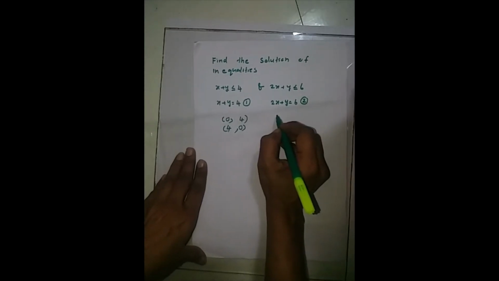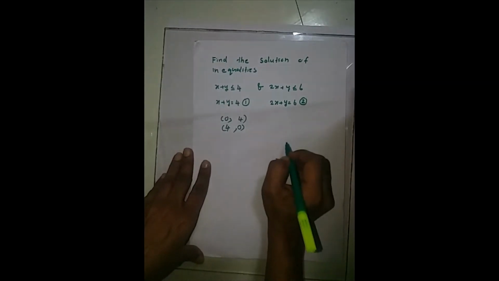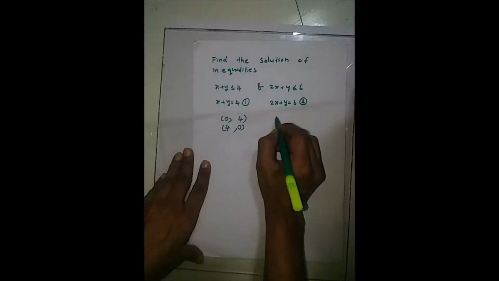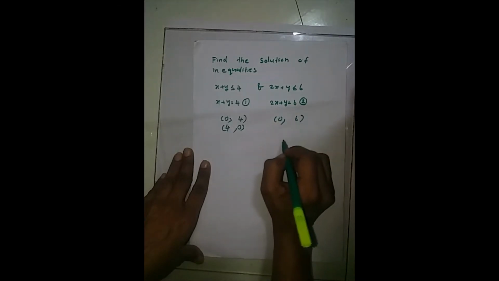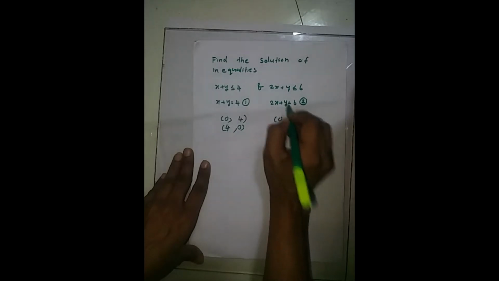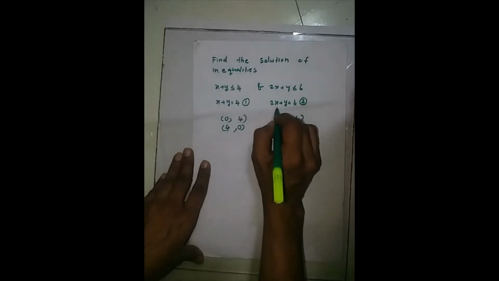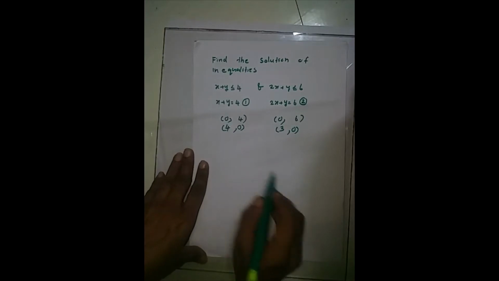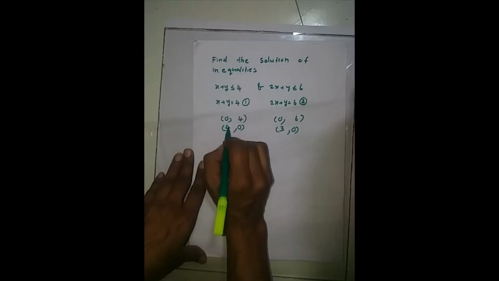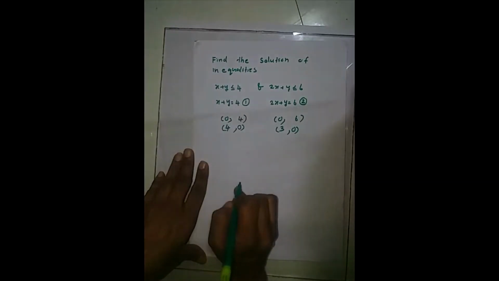Next, we will find 2 points of the second line. Putting x equal to 0, you will get y equal to 6. Putting y equal to 0, x equal to 6 by 2, which is 3. So we will join these 2 points and we will get this line.